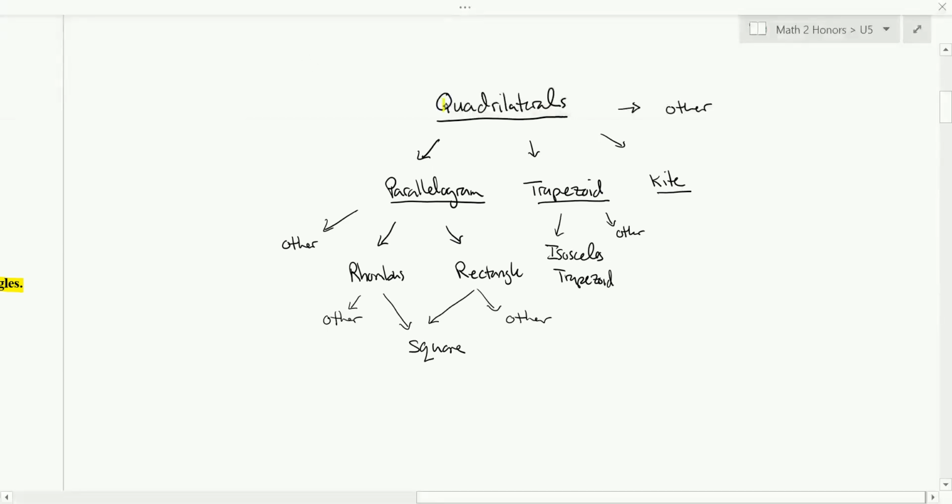So the ones I'm highlighting are the key ones that we're looking at in this unit. There are other quadrilaterals out there, but these are the ones we choose to look at, and that's kind of the relationship. Notice that if you're working with anything in that parallelogram branch, you know it's not a kite, you know it's not a trapezoid, right? Because those are down other branches, right? And so on.